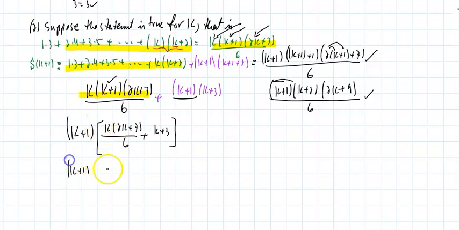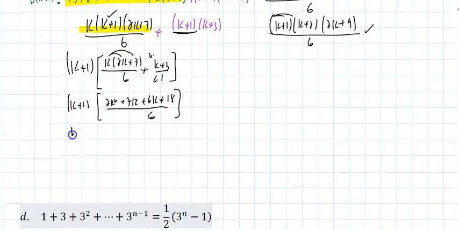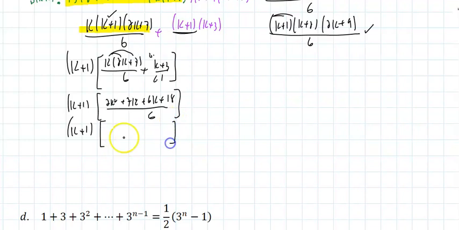So let me continue on. That is k plus 1 times 2k squared plus 7k plus 6k plus 18 all over 6. k plus 1 times, all over 6, that's 2k squared plus 13k plus 18.